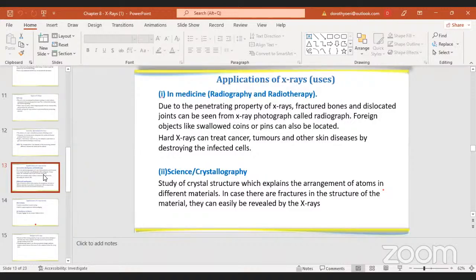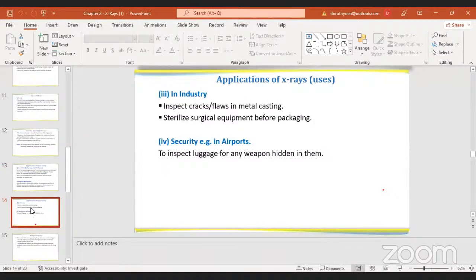In industry, especially in manufacturing, like factories where Mabati iron sheets are manufactured, to check that what they are giving to their clients is of high quality, without cracks or flaws, X-rays can be used. X-rays can also be used to sterilize.